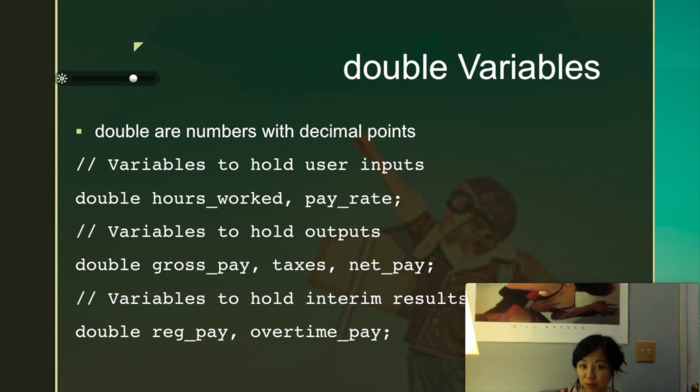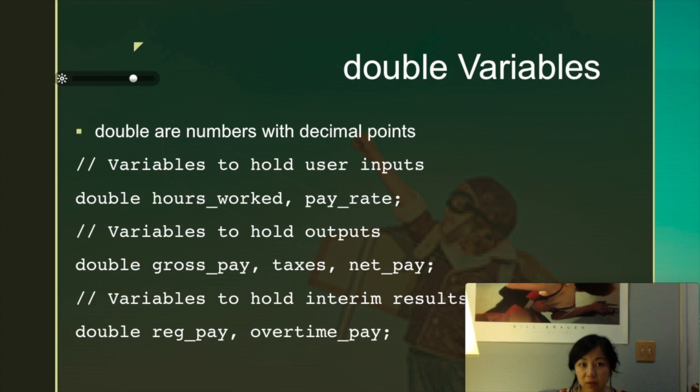But hours worked and pay rate both can be, let's say, I work 3.75 hours. It happens, right? And the pay rate could be $10.75, let's say. So we want the variable to be able to hold not an integer but something with decimal points. That's where double comes in.